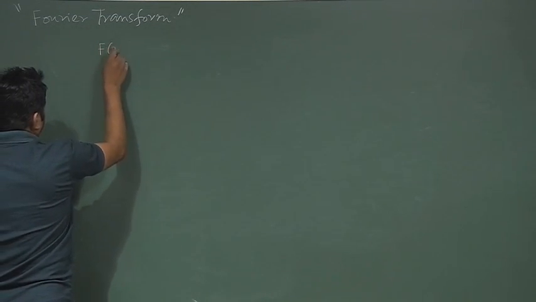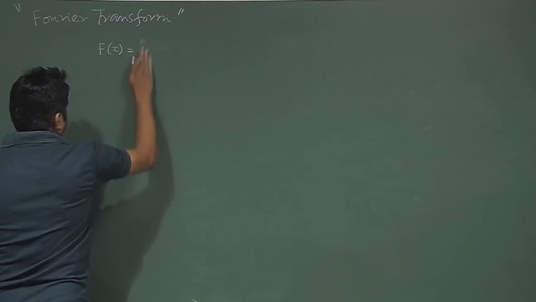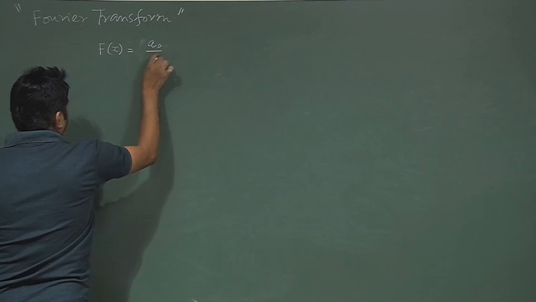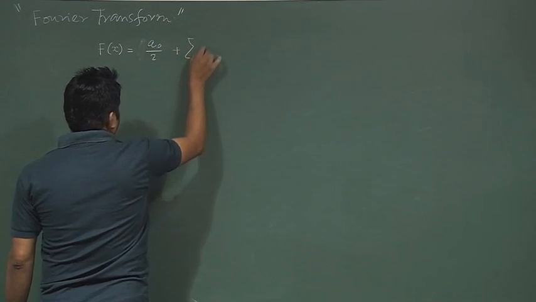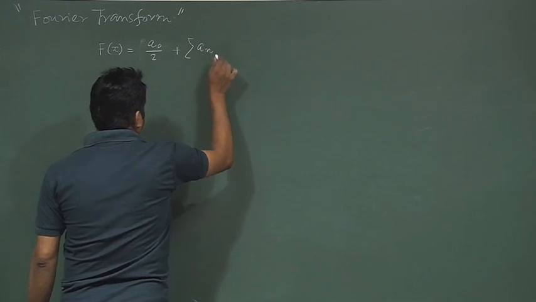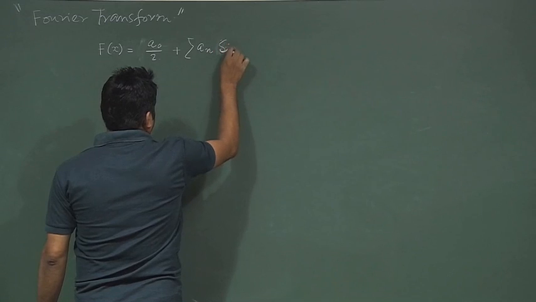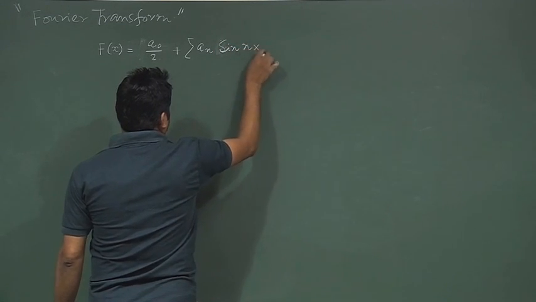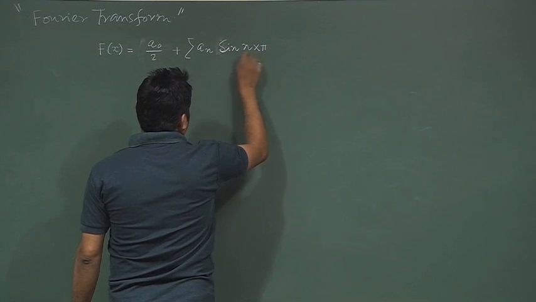So, f(x) is a0 by 2 plus summation of a_n sin(n pi x by L).